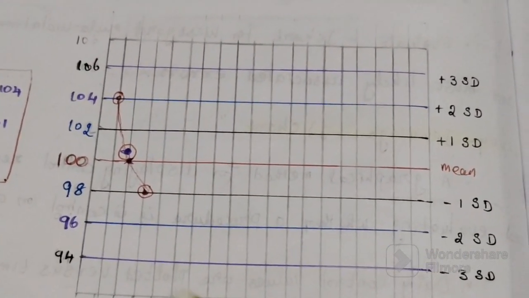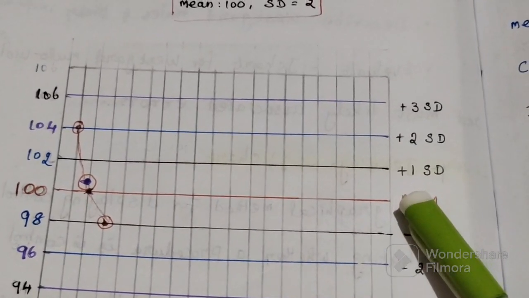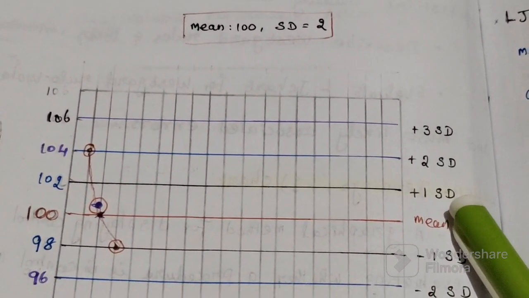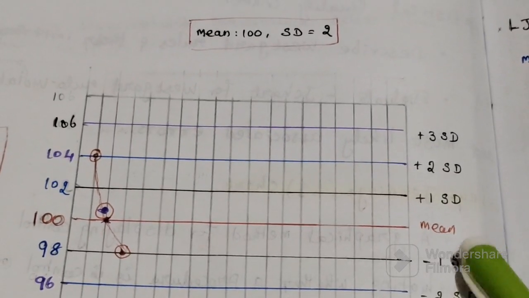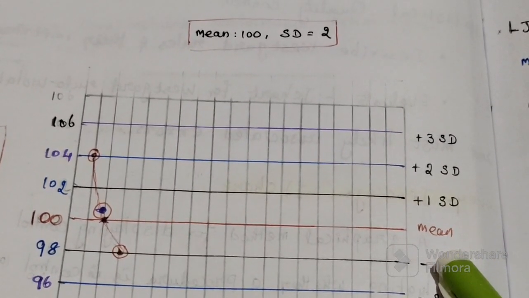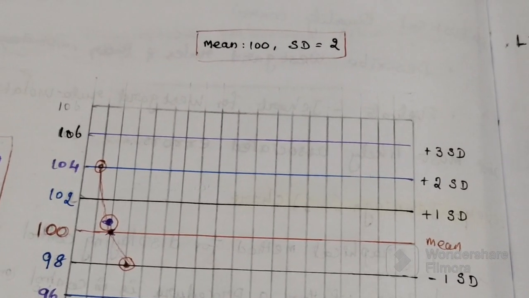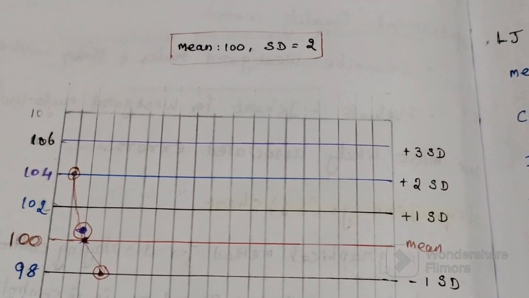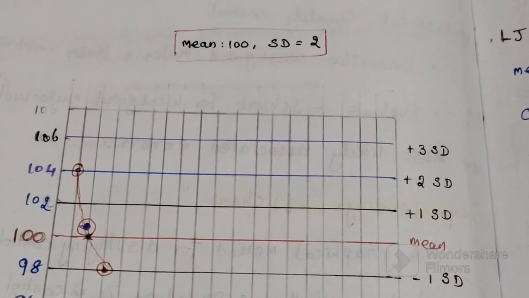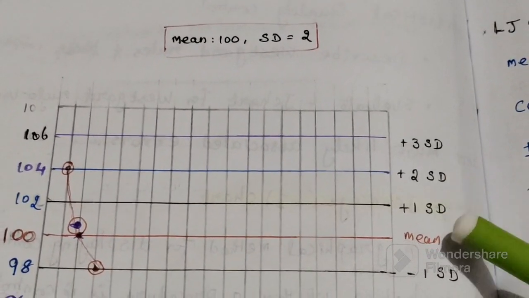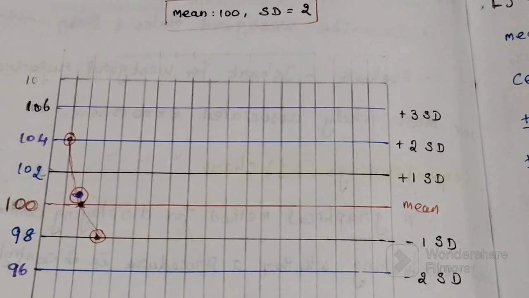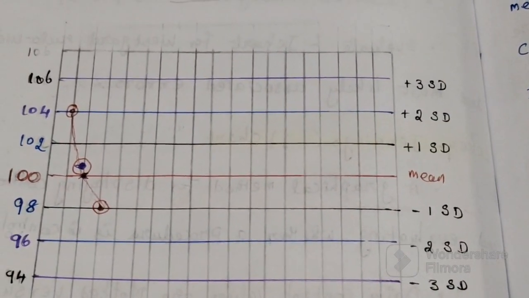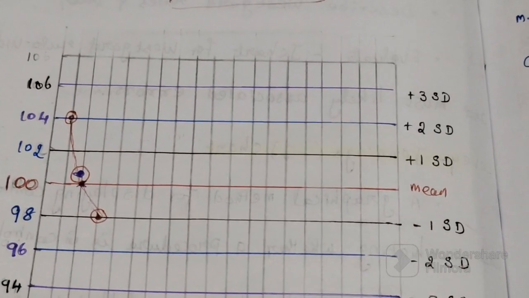At the center is the mean. The black line is plus or minus 1 standard deviation, the blue line shows plus or minus 2 standard deviations, and the purple line shows plus or minus 3 standard deviations.